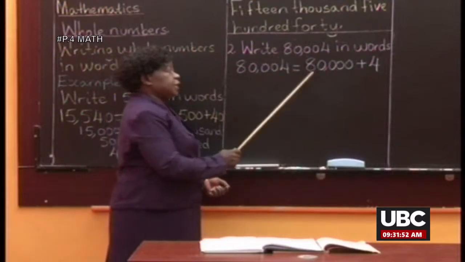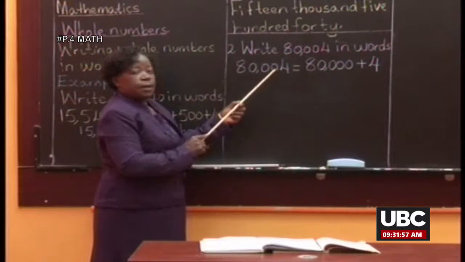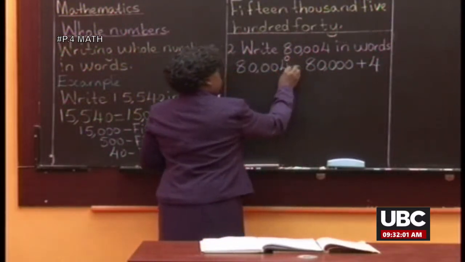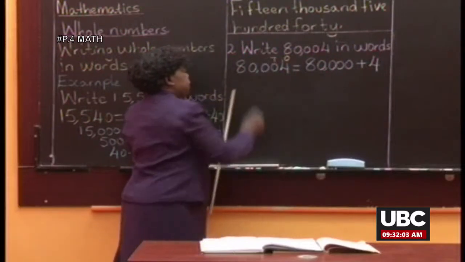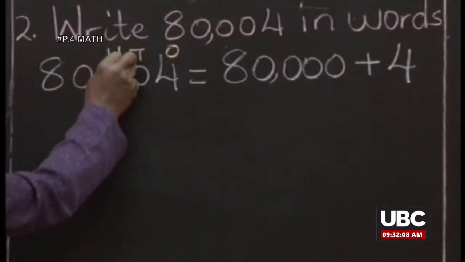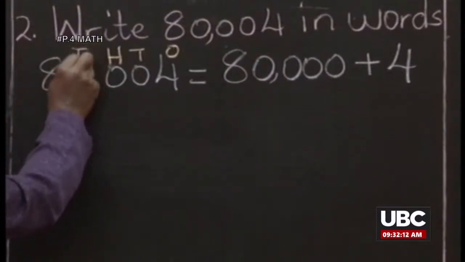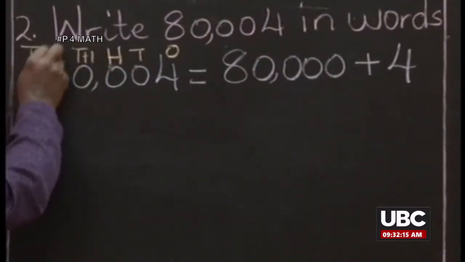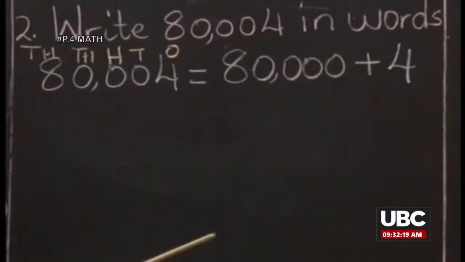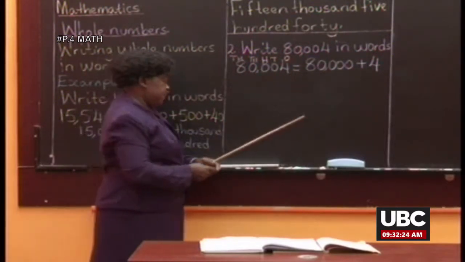Why are we saying it's 80,000 plus 4? Because we have 4 under the ones, the place value of ones. Under the tens, we have 0. That's why I've not added anything. Under the hundreds, we have 0. This is thousands and 10,000s. So we are going to write these in words.